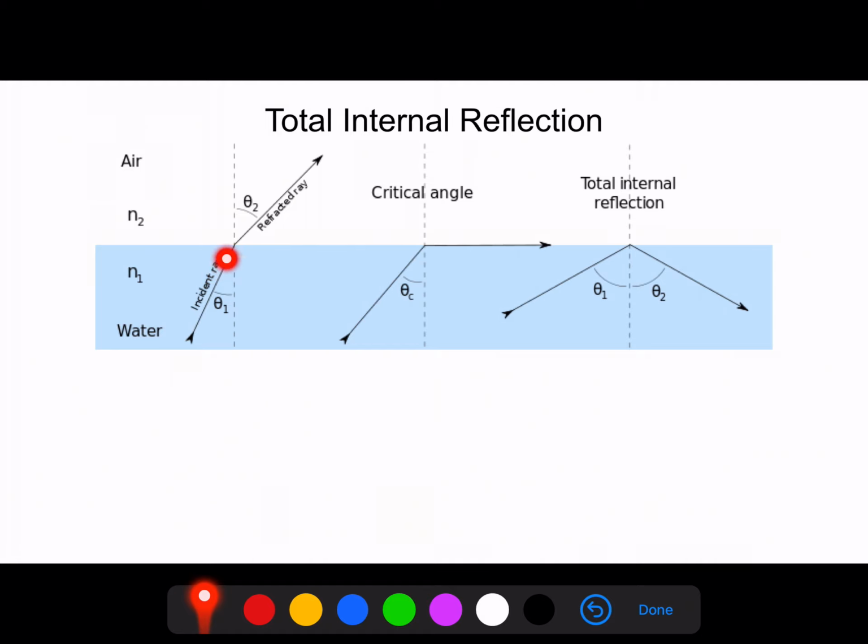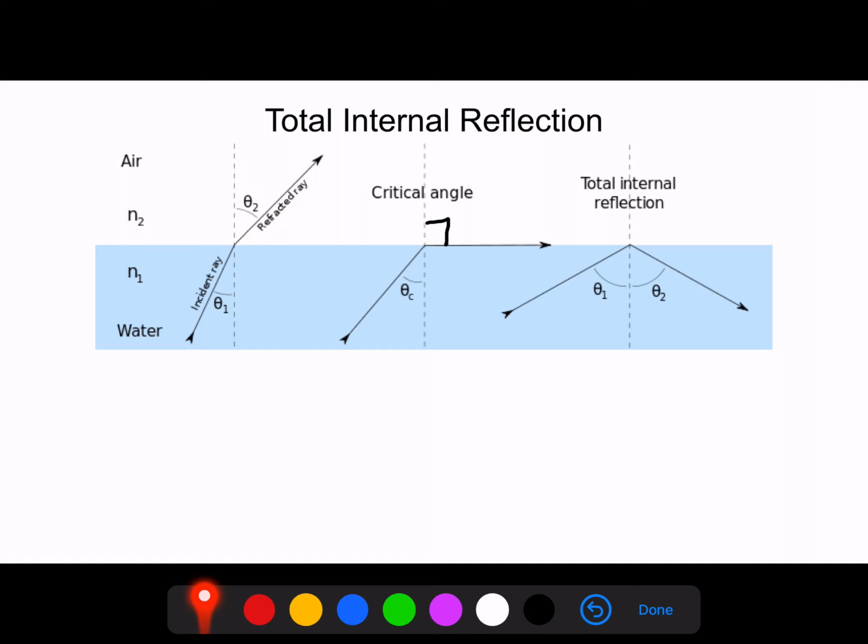As I change that incident angle to make this refracted angle larger and larger, I can reach a point where it is so refracted that it's just skimming the surface. It's essentially perpendicular to this normal line.